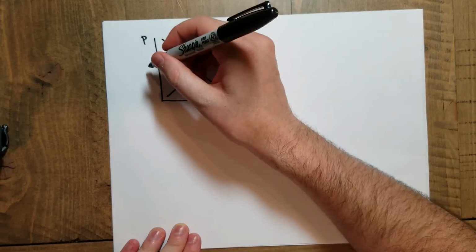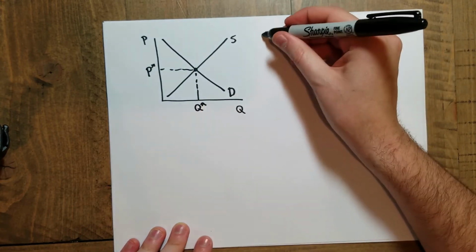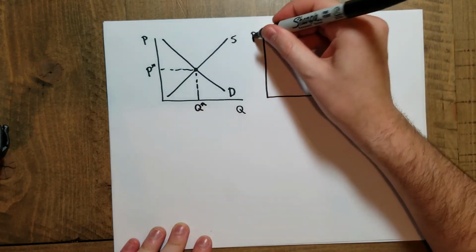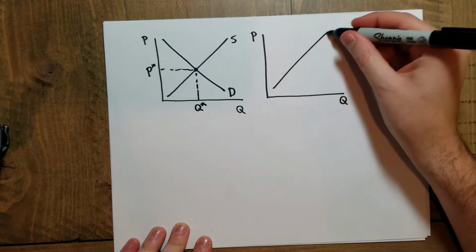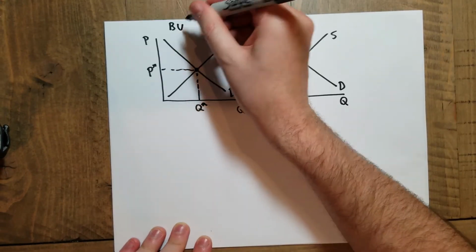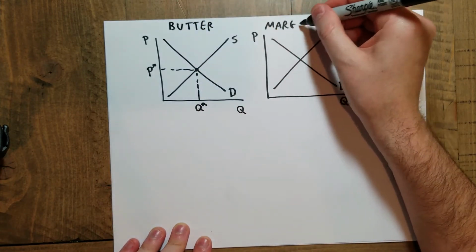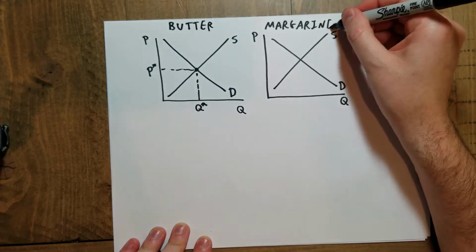So let's actually draw this out. Let's say that the price of butter is going to go up. So we're going to start out with the market for butter, and we're going to draw right next to it a very similar looking set of curves for margarine. We've got supply, we've got demand, and we have butter over here on the left, and we have margarine over here on the right.